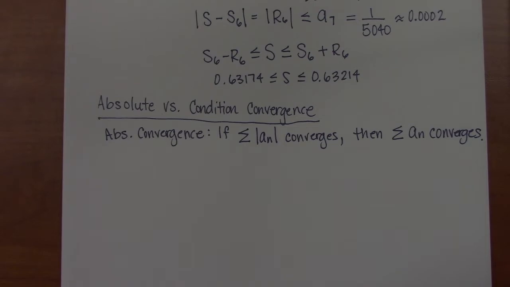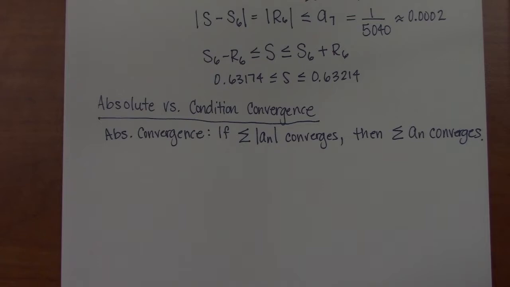What we mean by this is, it doesn't make any sense to take the absolute value if the original series was all positive to begin with, because the absolute value of a positive number just returns itself. So clearly you want to apply this when things are alternating.